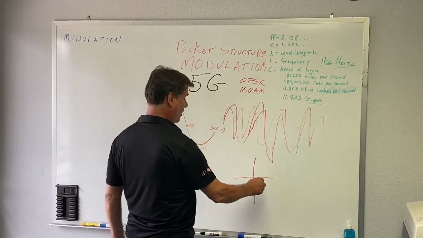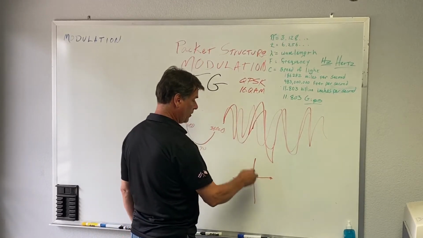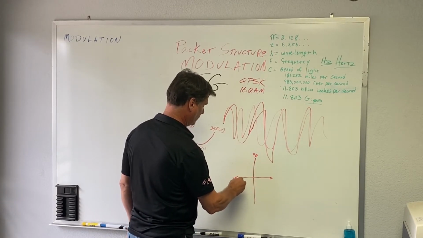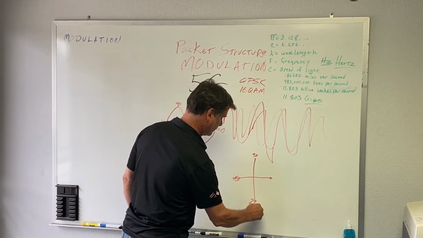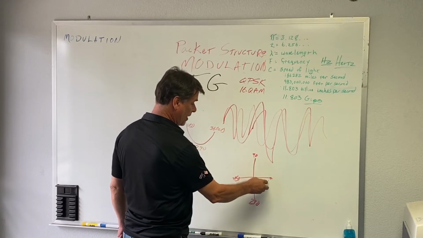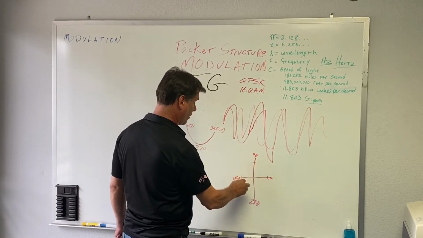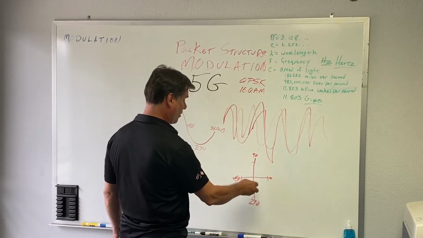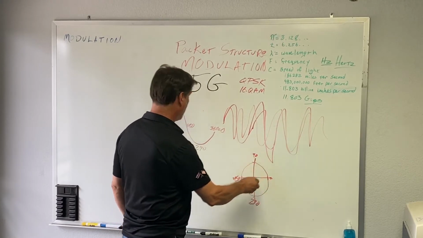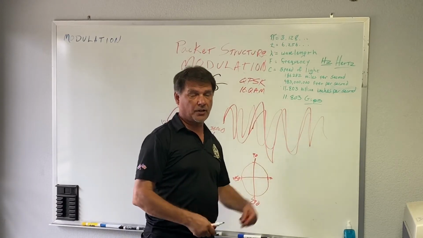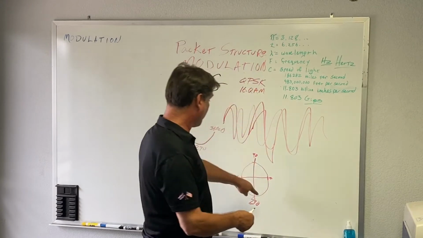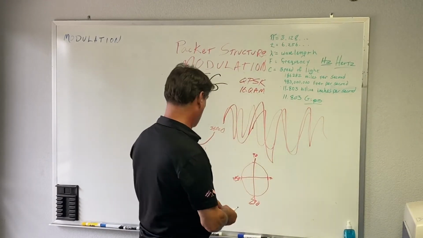Now in that vector state diagram, you've got 0 degrees, 90 degrees, 180, 270. And the signal stays at the same magnitude, regardless of where on the phase you're going. It travels like this, because that's all that's really happening. It's just going up and down just like a circle.